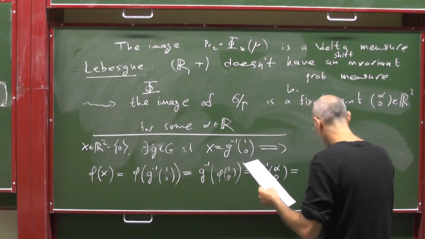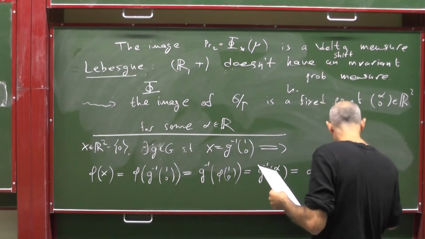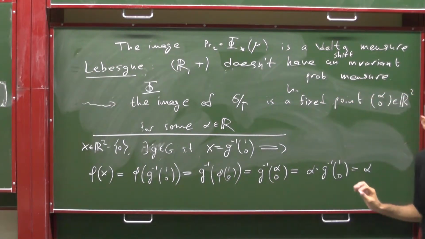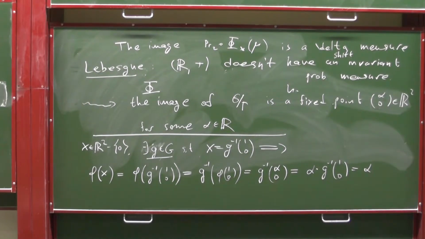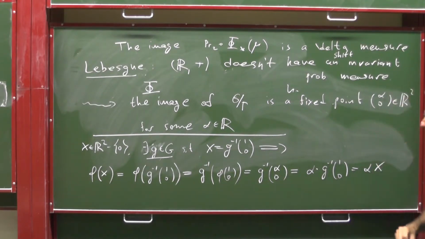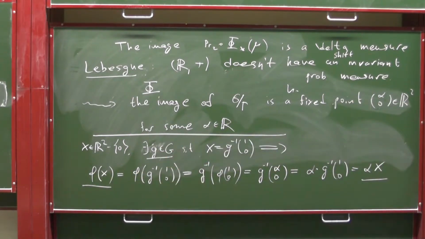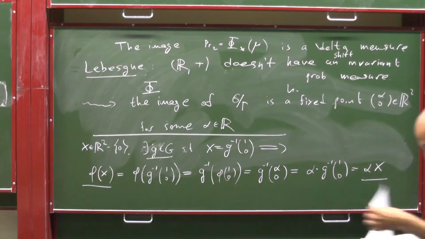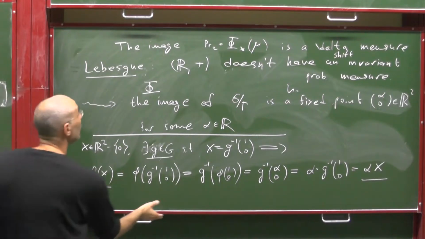And again, as before, this is alpha of G inverse of (1, 0). But is G from G or from gamma? Now G is in G. I'm using the fact that big phi is constant. Alpha x. And I'm done like this.